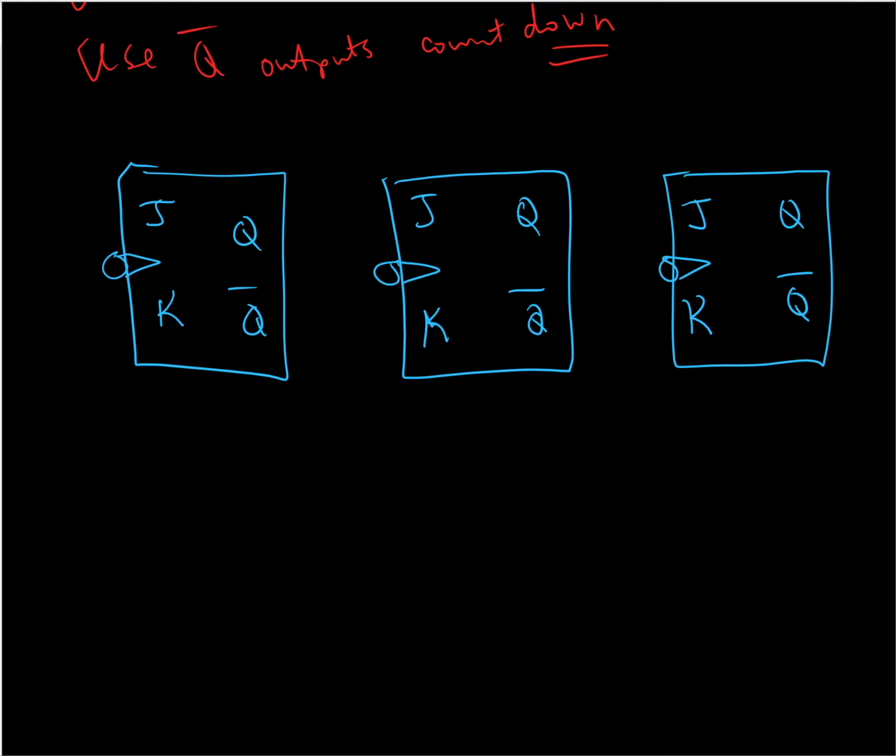I have a direct set line tied high so that it's not being used because it's an active low line. Now I have a reset line that I am going to use. And for now, I will just tie all the resets together.